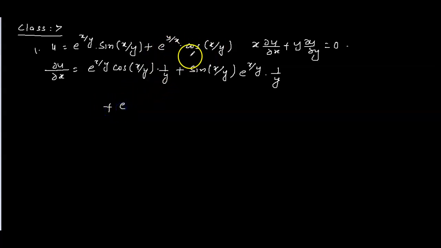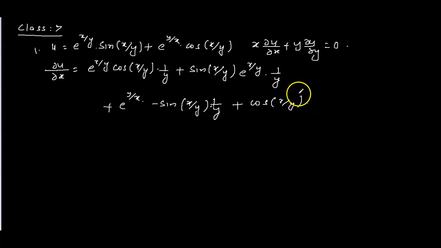Here also u into v: e power of y by x, the cos differentiation is minus sine of x by y, x by y differentiation with respect to x is 1 by y, plus cos of x by y, and the differentiation of e to the power of y by x with respect to x will be minus y by x square.